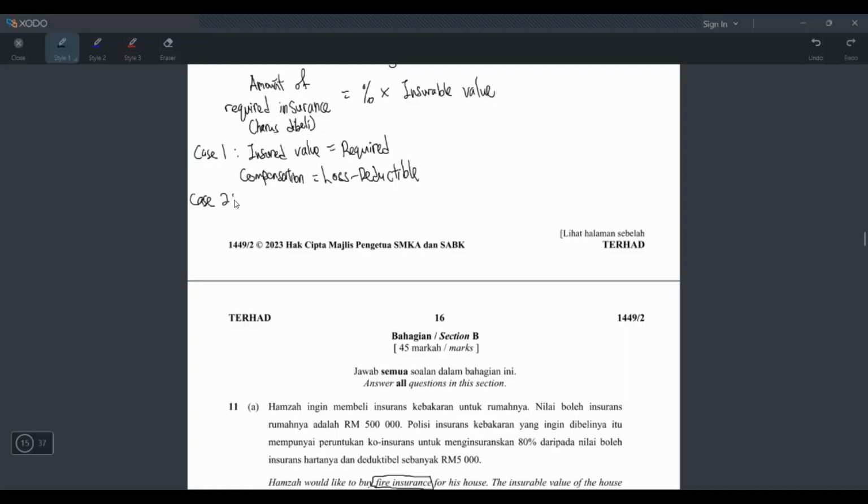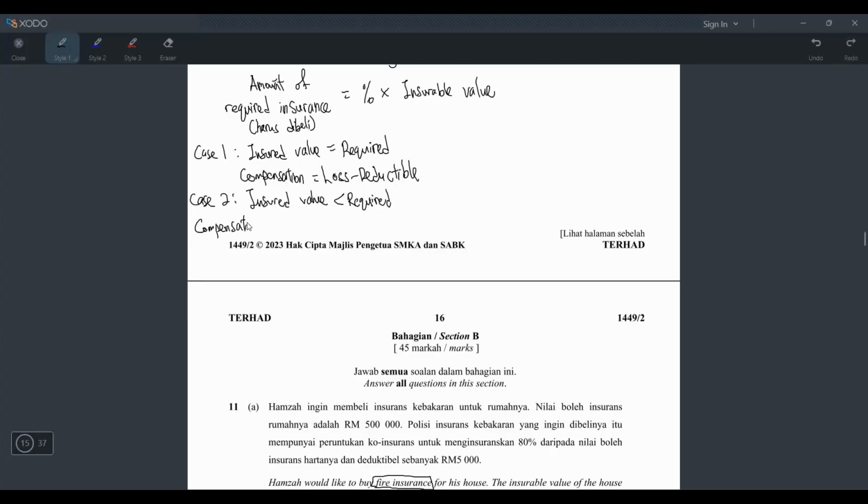Case 2 is when your insured value, insured meaning the purchased one, is less than the required. You buy less than the required, so you have a penalty. How to calculate your compensation?